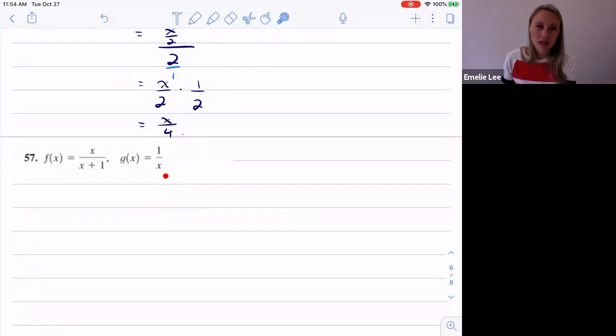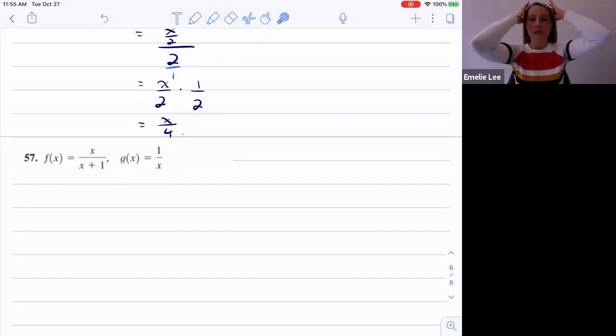But because I'm in f composed with g, I'm plugging in g of x into f of x, right? What I'm saying is 1 over x can't be -1, right? Because now I'm plugging in this g of x in here. So you can see how this gets a little bit tricky, and that's why I'm just focusing on the compositions, but it's good to keep in mind.